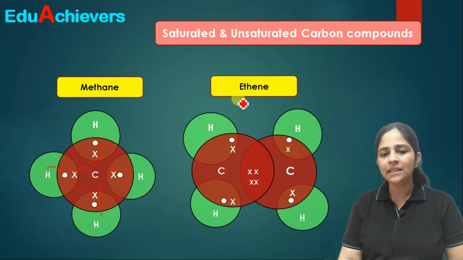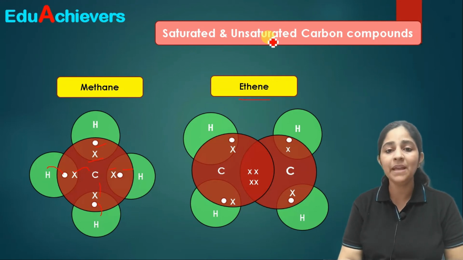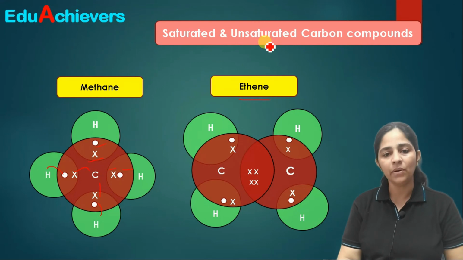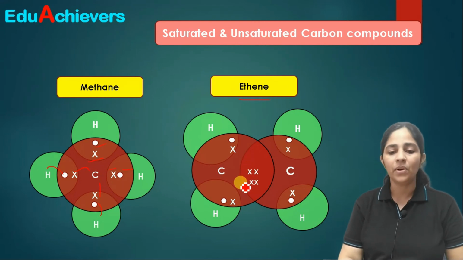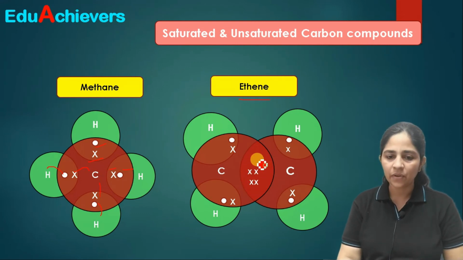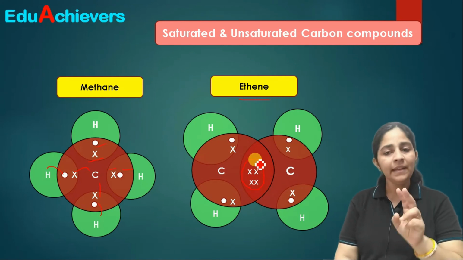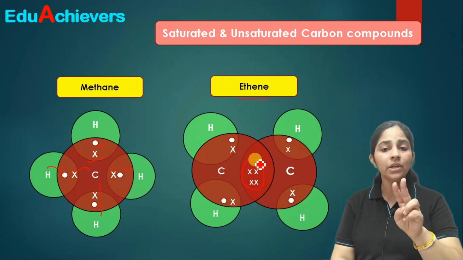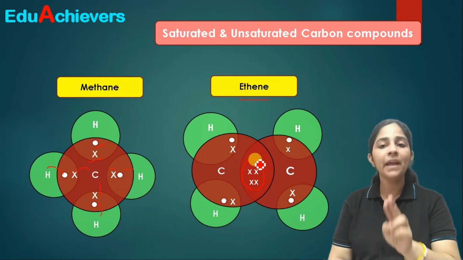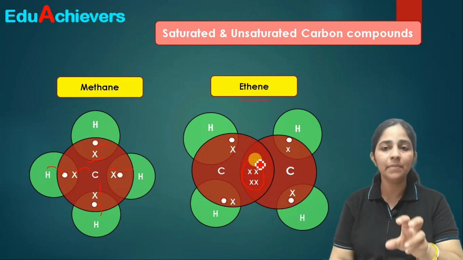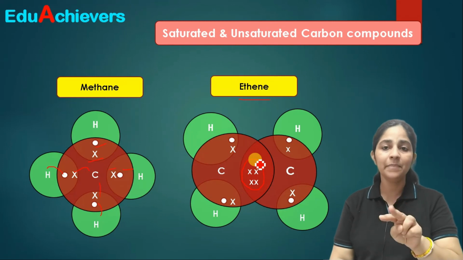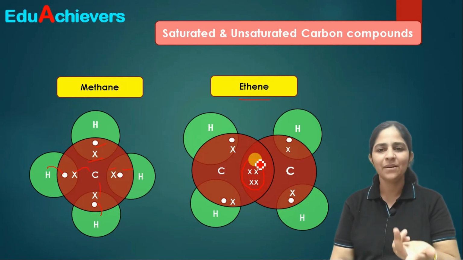And similarly in ethene, which is an unsaturated carbon compound because it is having a double bond, you can understand that when we talk about a double bond, we have shown that 4 electrons, or 2 pairs of electrons, are being shared. Remember: double means 2 pairs, triple means 3 pairs, single means 1 pair.